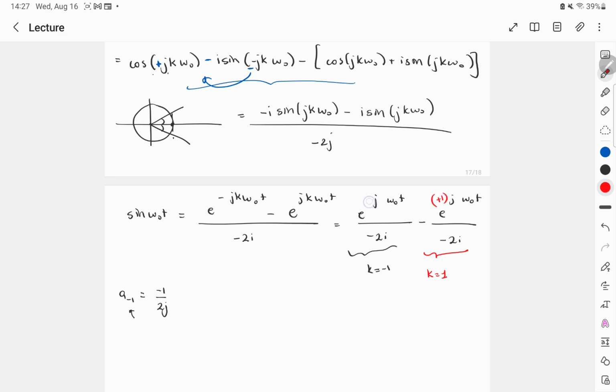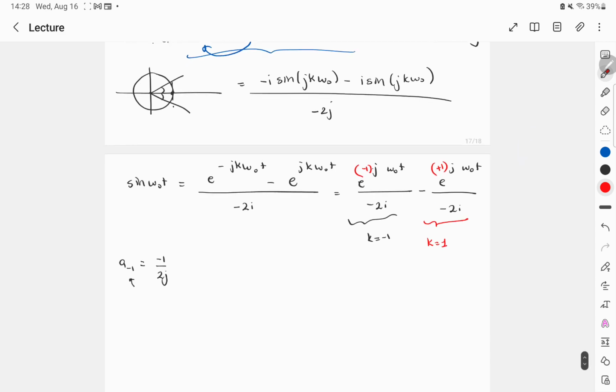Here it is multiplied by minus 1. Here it is multiplied by plus 1. So in this part, k equals minus 1, we are writing it here, k equals minus 1, and the coefficient is 1 times minus 2j. All right?